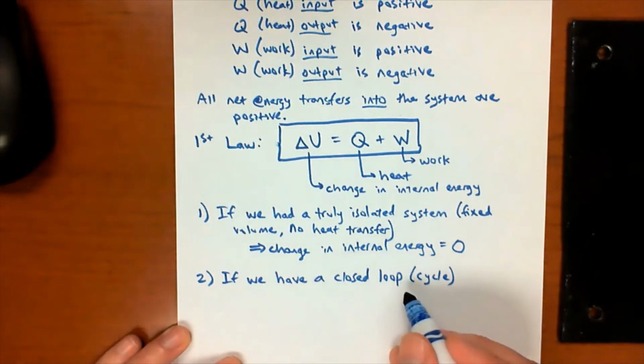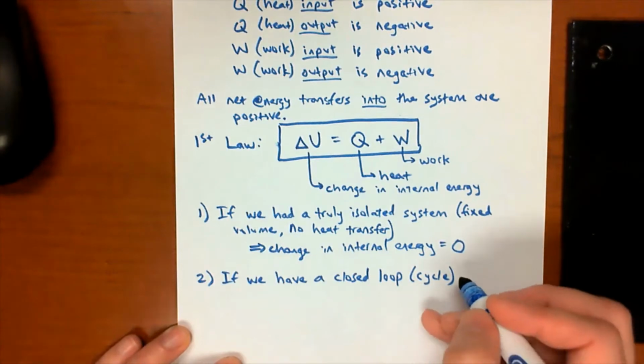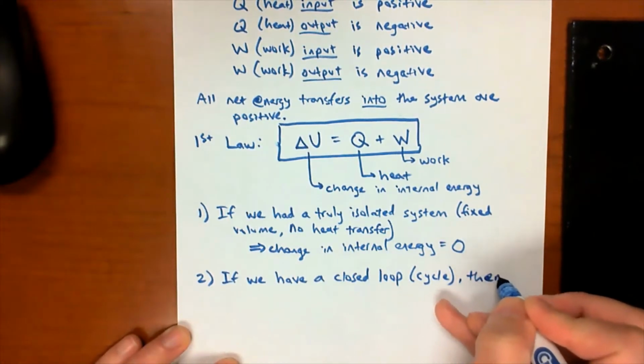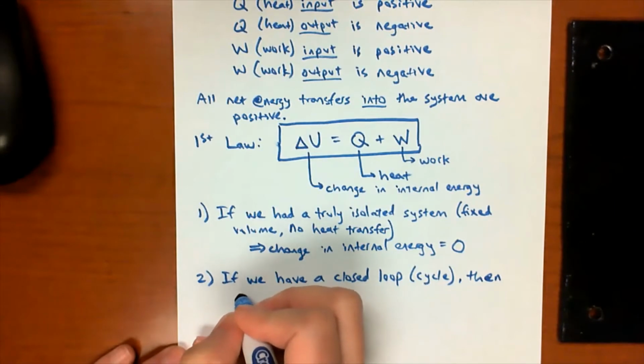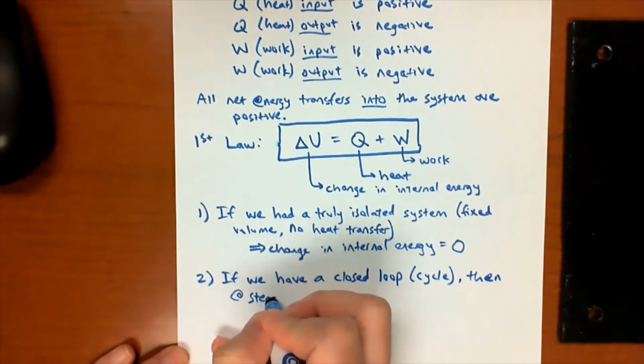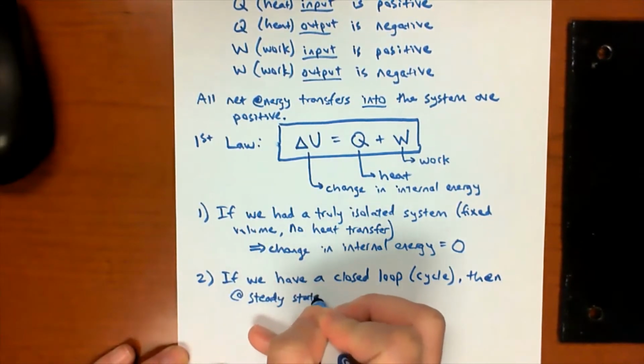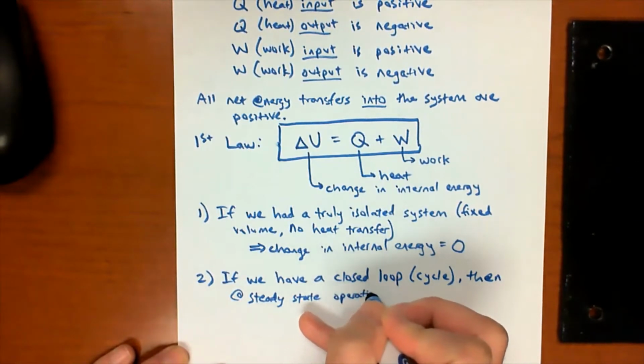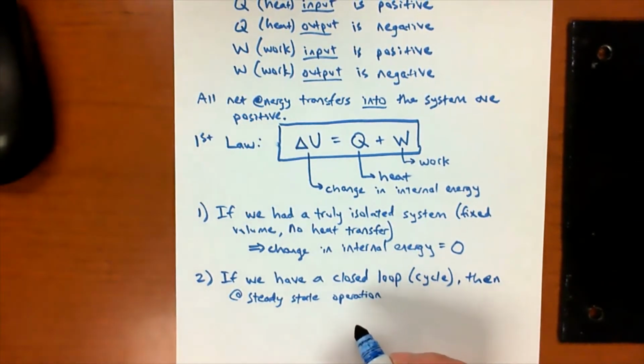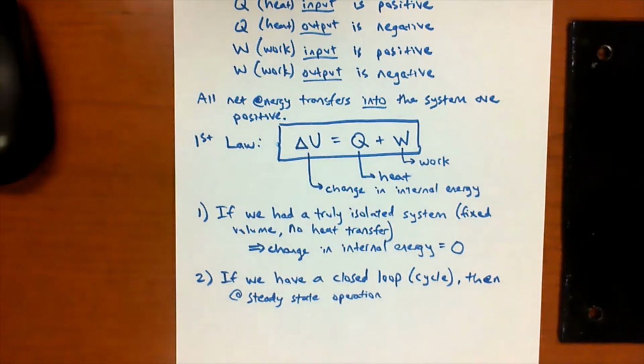If we have a closed loop or a cycle, then when we're at steady state operation, which means that we're not warming up our steam system, like we're not going to be increasing the temperature of the whole system. We might be increasing the temperature in some places and decreasing the temperature in other places, but the average temperature of the whole system is not increasing or decreasing. So we're at a steady state operation.